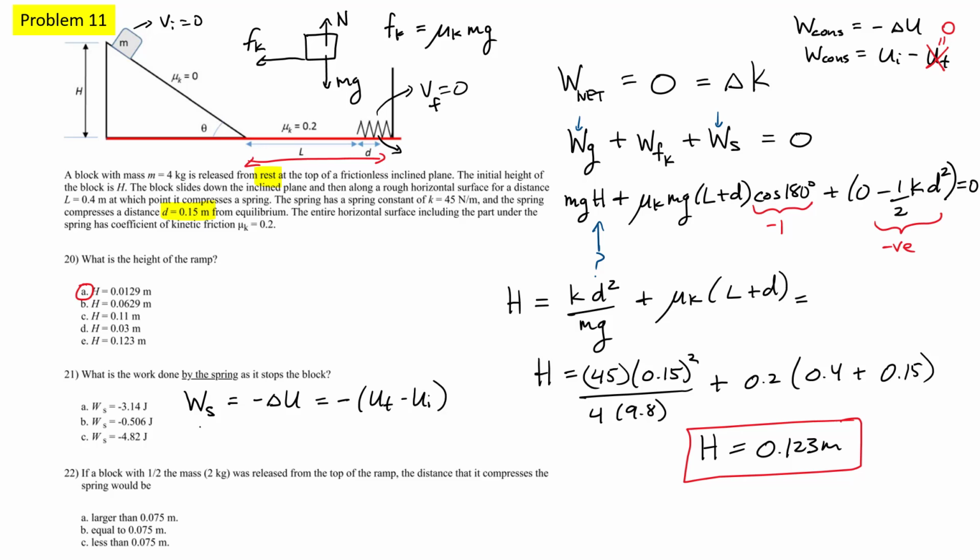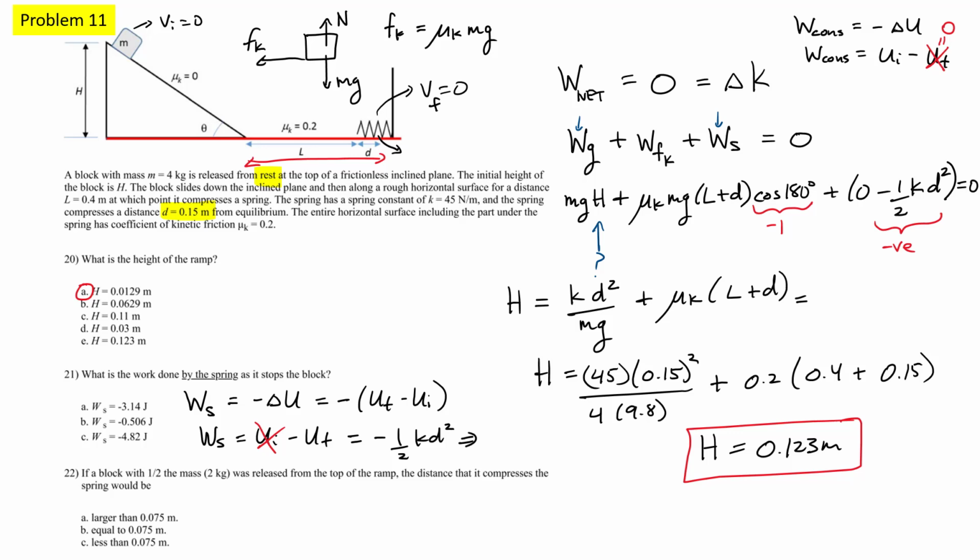You distribute out that negative sign and you get U initial minus U final. Notice that U initial for the spring is 0. There is no initial compression of that spring. And then what do you have? You have minus 1/2 k D squared. This is exactly the same term that appeared over here. Notice that we get a negative value. So you substitute my values in here.